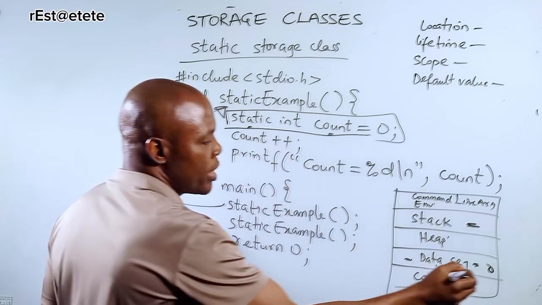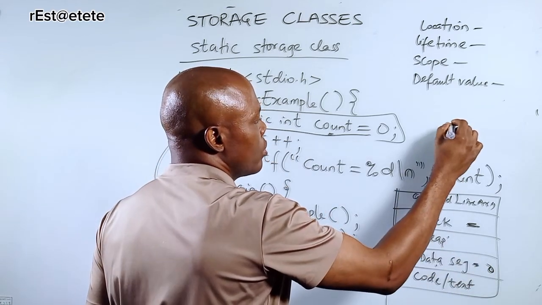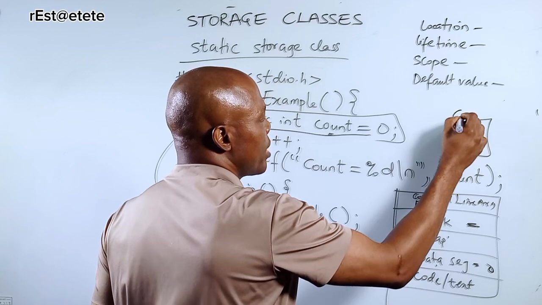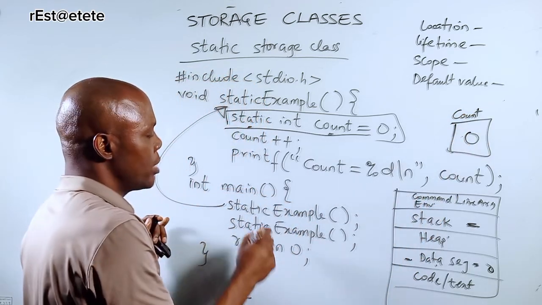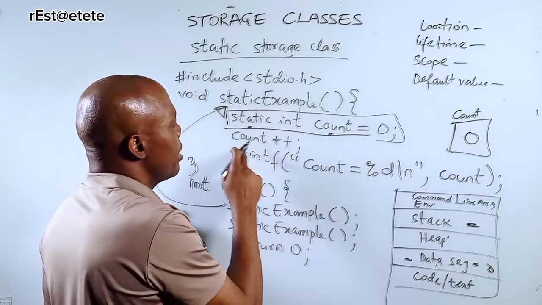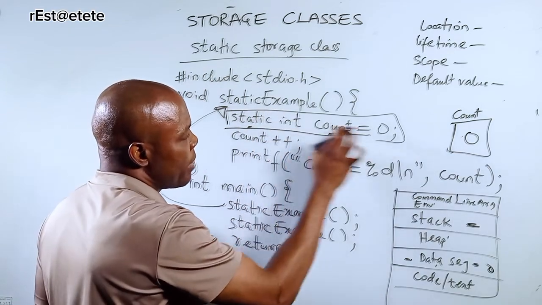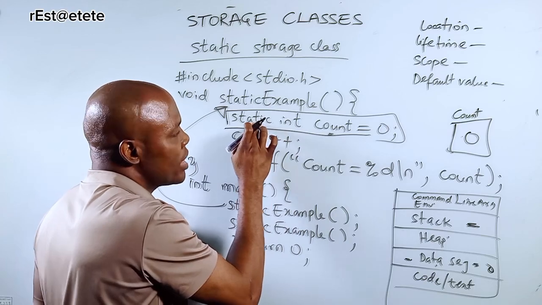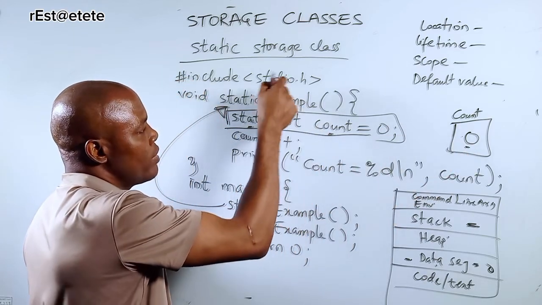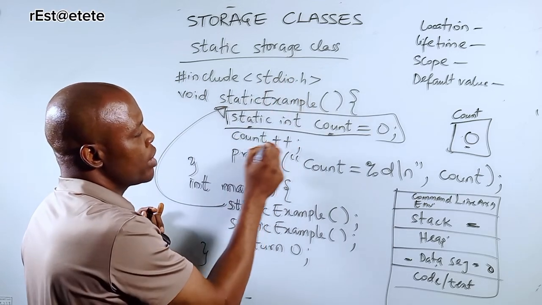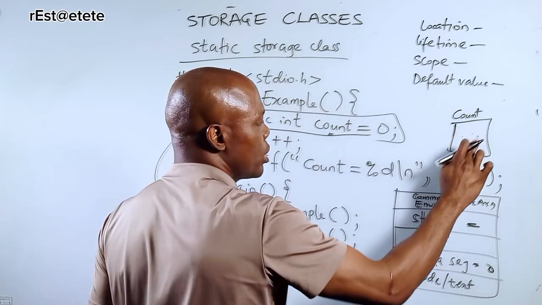Count plus plus will increase the value to 1. So count is created and a value is assigned to it. When you call it now, it will not see this part again. It's just going to, with this static, access the memory within the scope of this static example, and count plus plus will change it to 1.